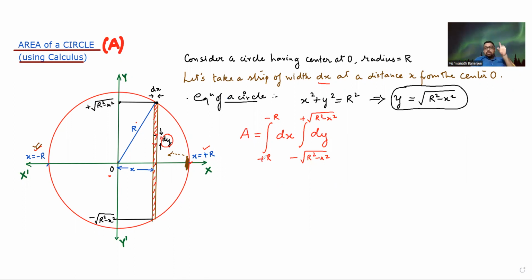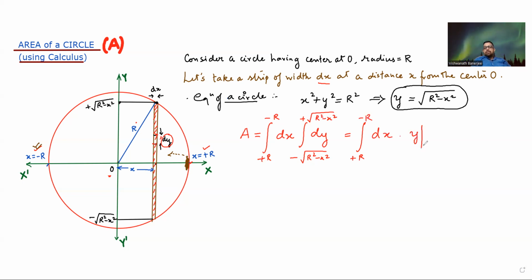Now we will do the integration one by one. It is a double integral because we are evaluating area. So this will come out to be integral of dy will be y only. So I write dx from plus r to minus r.